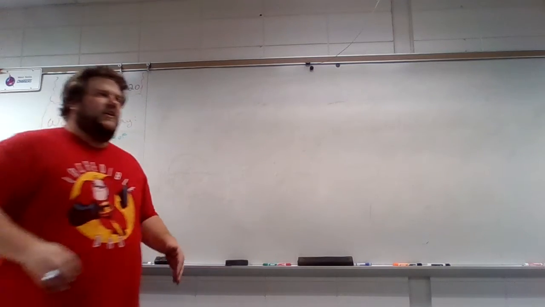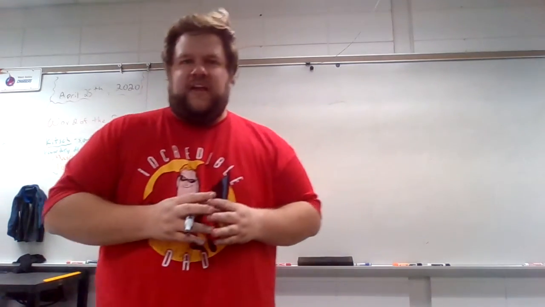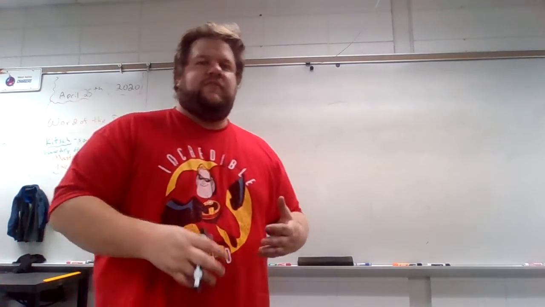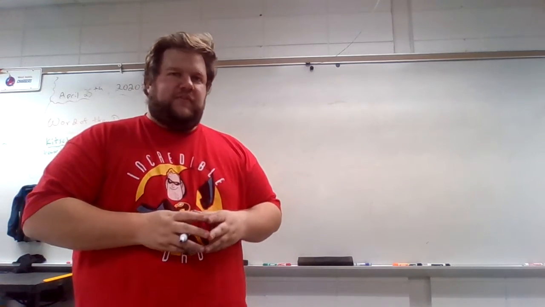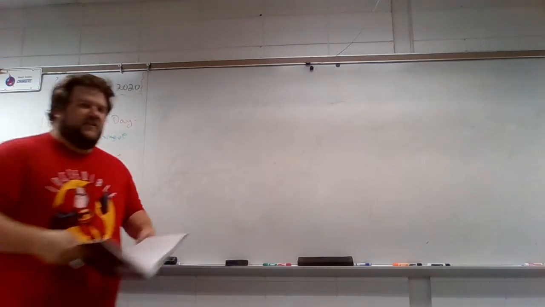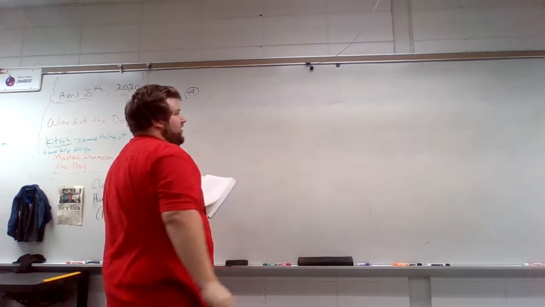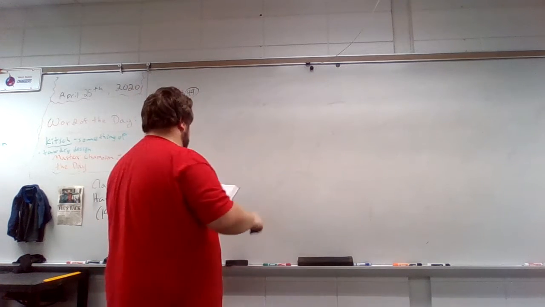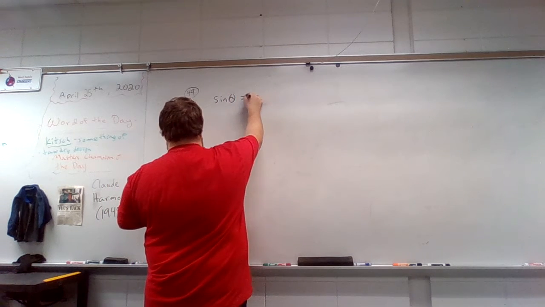But this is one where you're given information about two different angles, and you want to go through and find the value of a sine or cosine of the sum of those two angles. Okay, just to give you an idea, this is number 49. And they're using S and T, but I'm going to use theta and alpha because those are easier for me to draw.